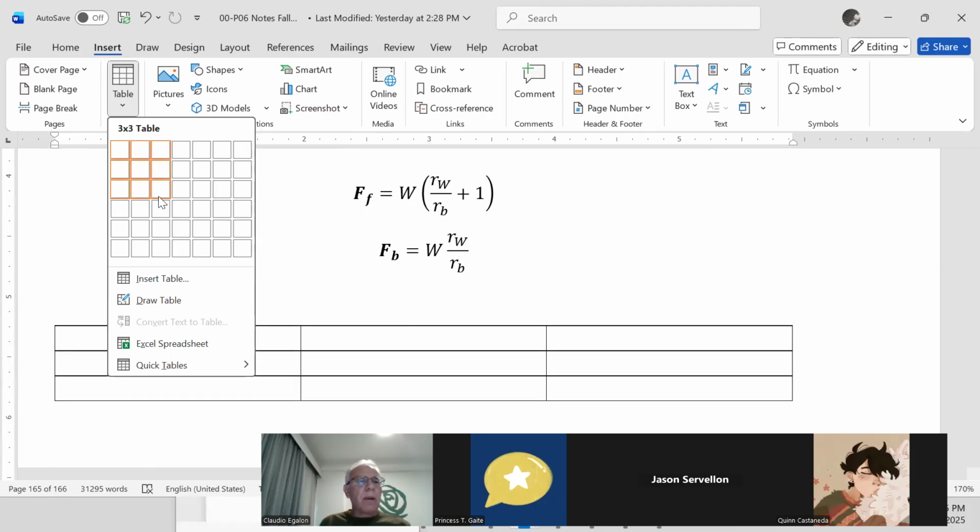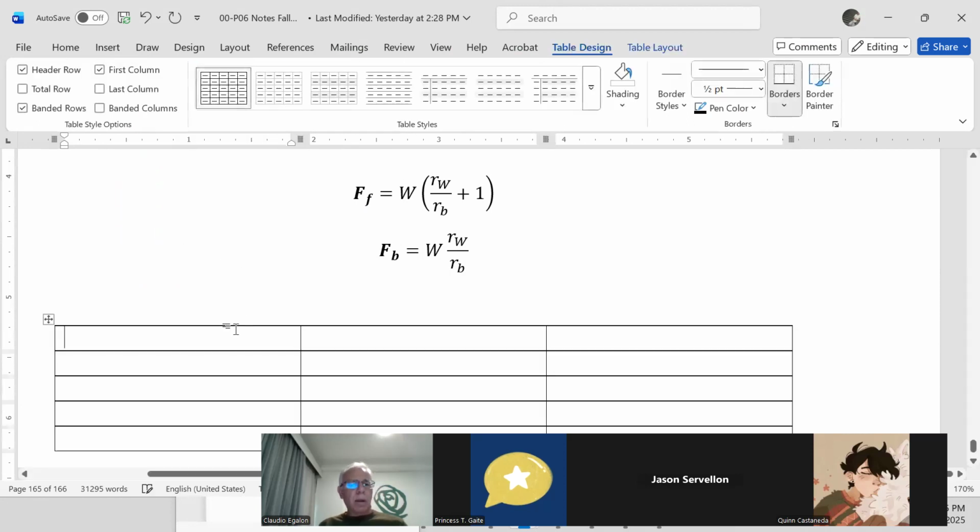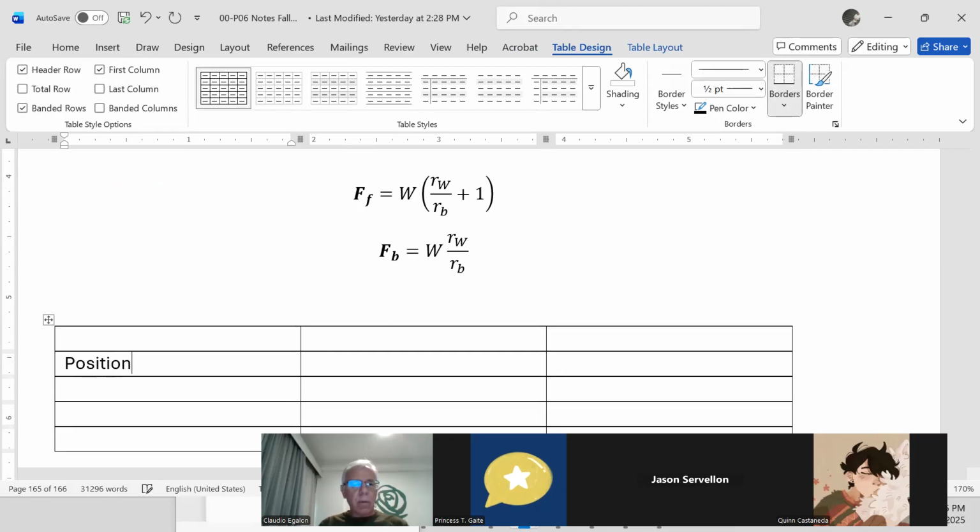Position, displacement, velocity, right? Let's put it this way. Position. Linear. Angular. X. Theta.